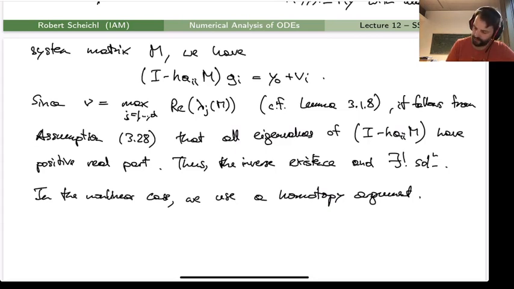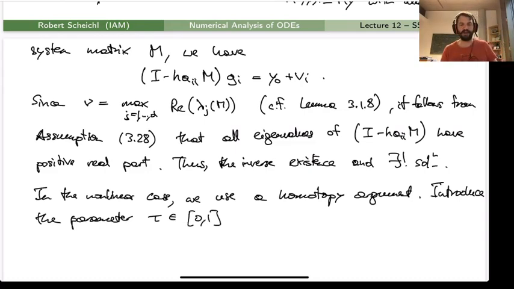So introduce the parameter tau. That's going to be our homotopy parameter. For those who have never seen a homotopy argument: if you have a homotopy parameter tau that goes from 0 to 1, and you know a solution exists at one end of this spectrum, for tau equals 0, typically you start with a problem that you know has a unique solution, and then you move the parameter tau smoothly to the new problem.